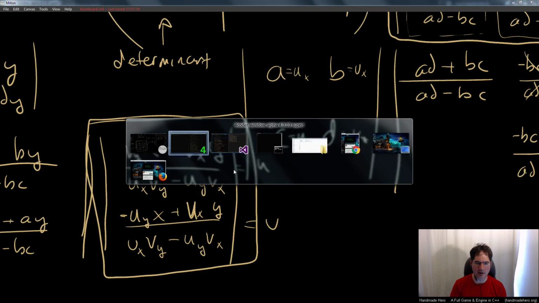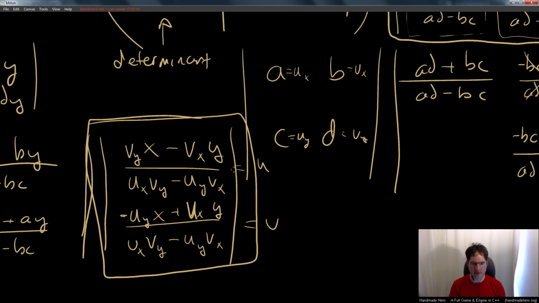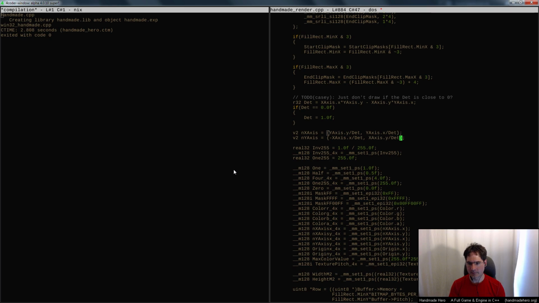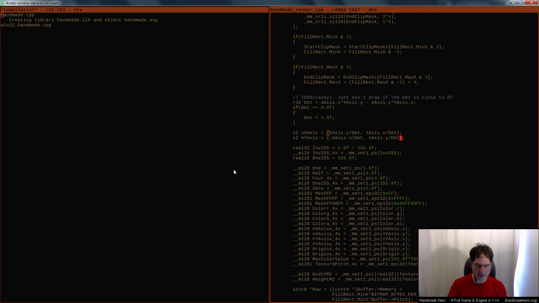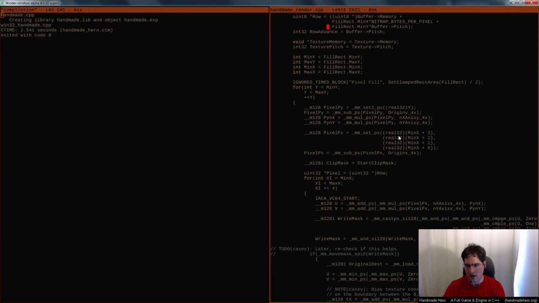All right, so back to our original story. That's going to be negative x-axis x over the determinant and x-axis y over the determinant. Okay. So now, barring lots of stupid errors that I may have just made, that is what we actually want to do. We are still computing the dot products here, we're now just computing them with different things.